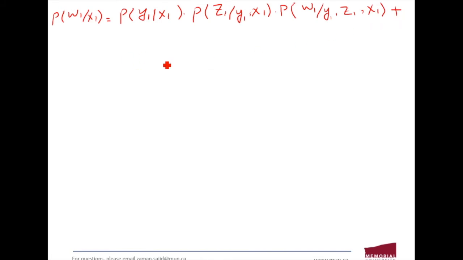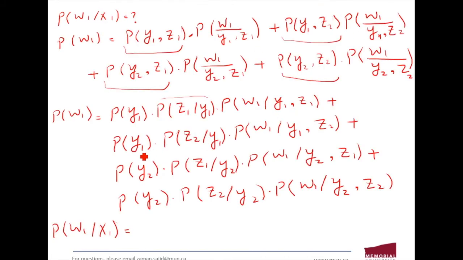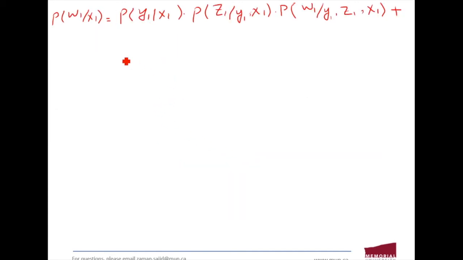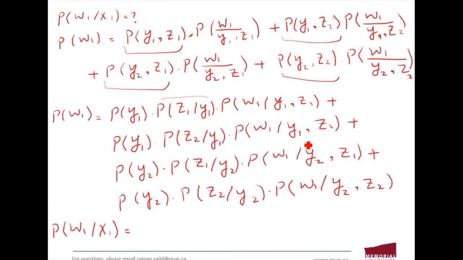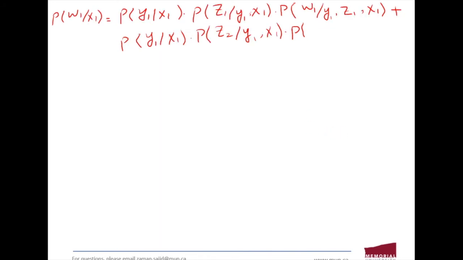Plus the second term here is with respect to y1 and z2 given that y1. So we will have this as the probability of y1, the same procedure that we were doing before, given x1, times the probability of z2 given that y1 and x1, times the probability of, now the last term here, w1 given that y1 and z2, and we will take the x1 as well.